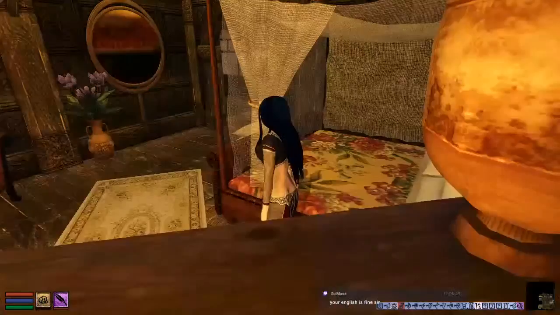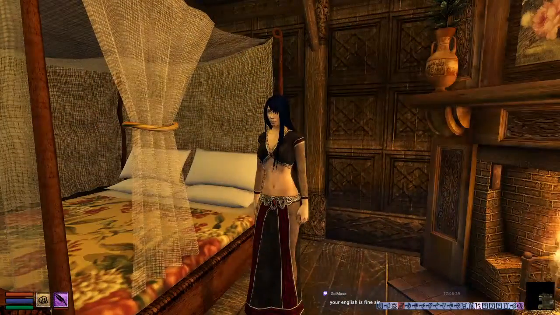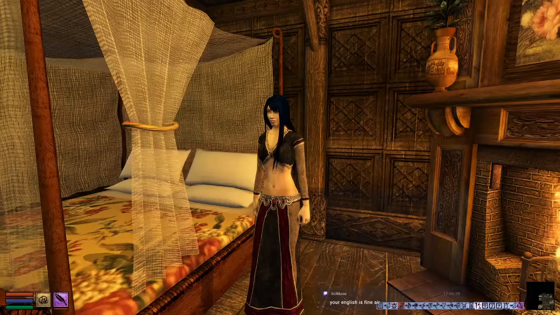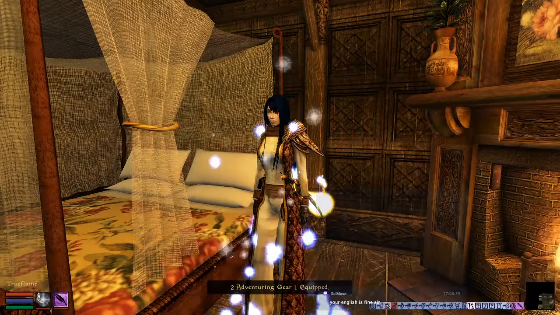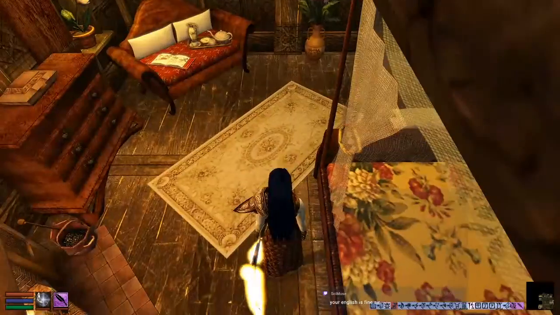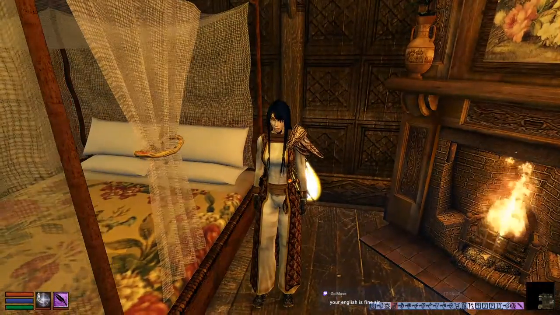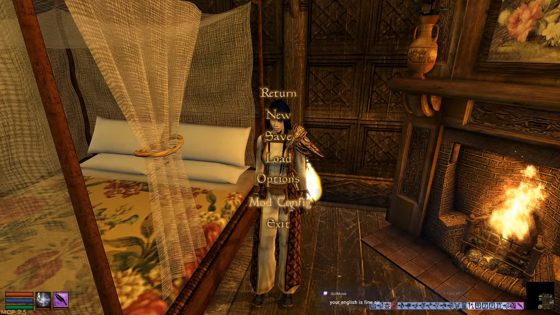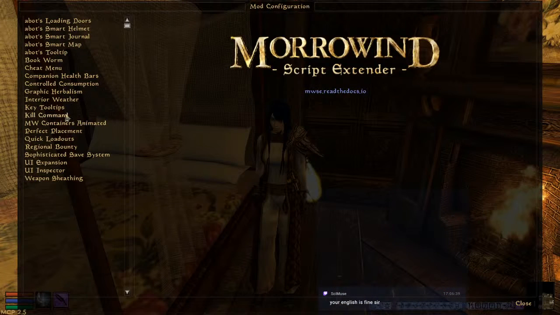So in the morning we can press our magic button and put on our adventuring gear. So this mod is one of the best things that MWSE Lua mods are giving us.